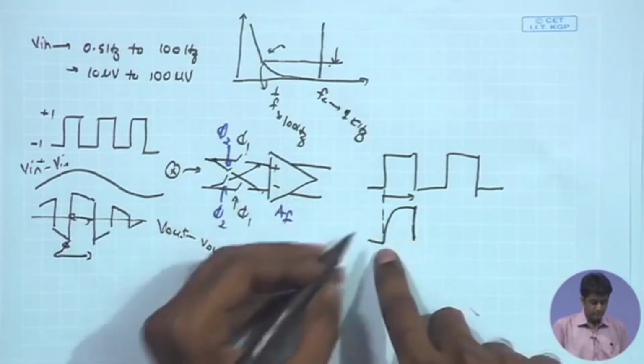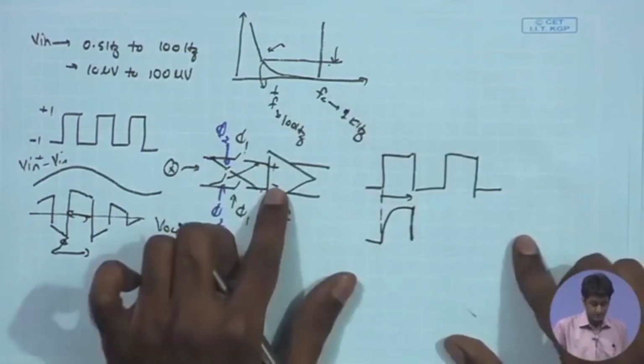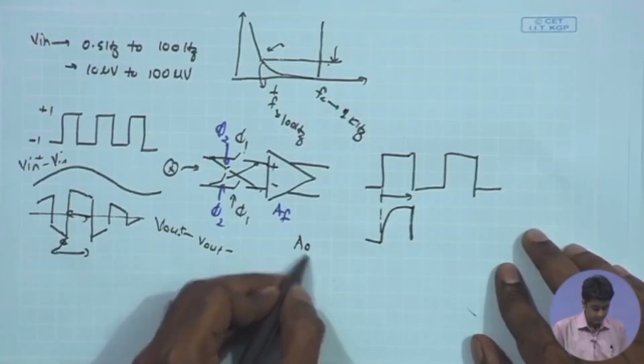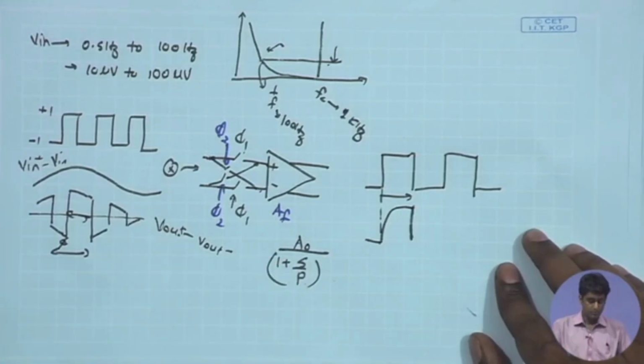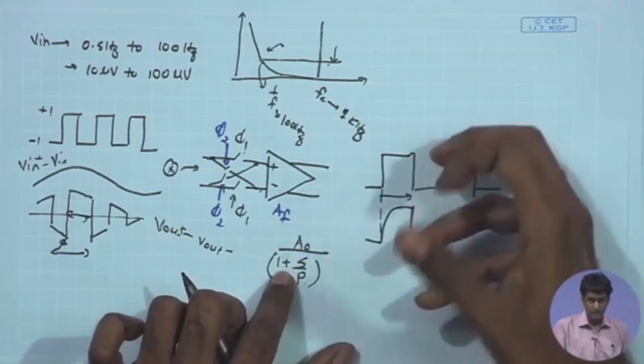If I assume, say, that the amplifier is a single pole system, assume that there is one dominant pole. So, I can represent the amplifier transfer function as 1 upon 1 plus s upon p, where p is the dominant pole, and this is basically representing a single pole RC system.